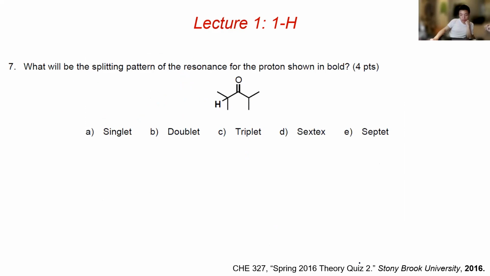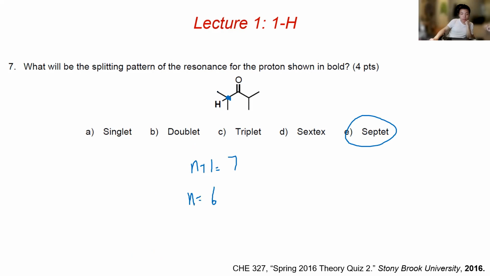And here's a question from the 2016 theory quiz. What will be the splitting pattern of the resonance for the proton shown in bold? So this one. The splitting pattern basically tells you the neighbors. Septet: n plus 1 equals to 7, and n equals to 6.